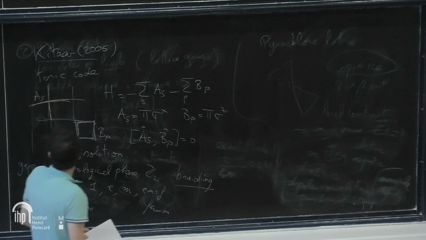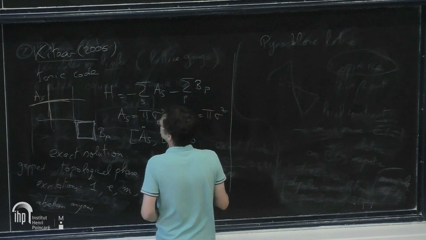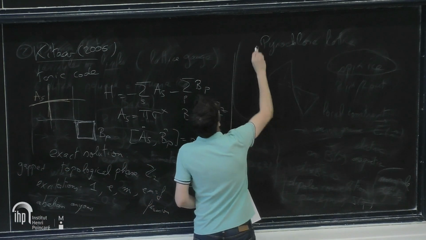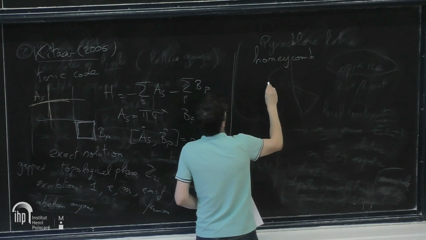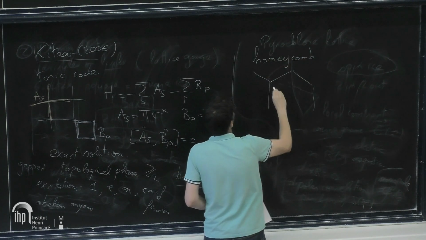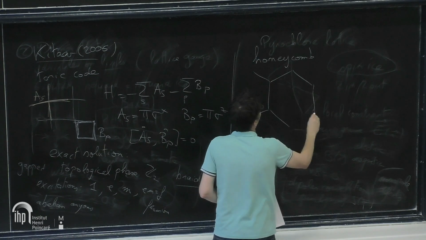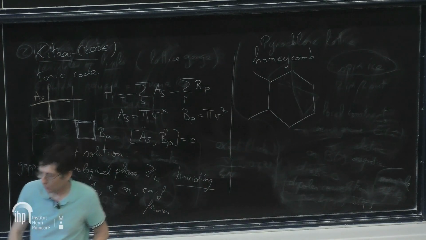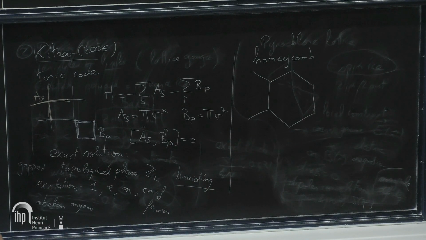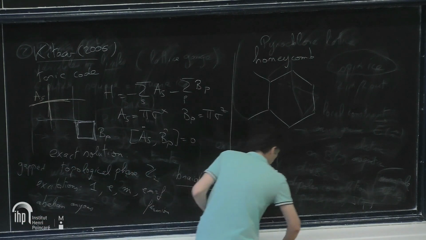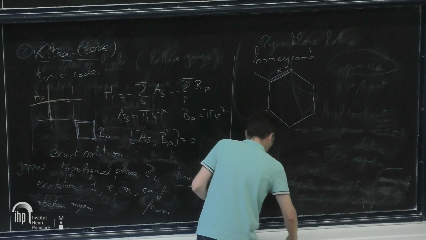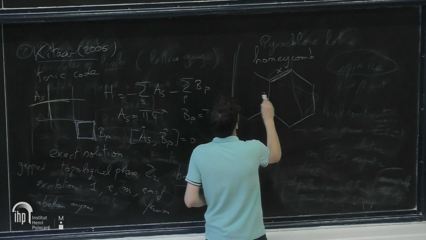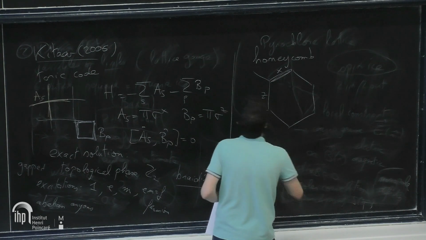Okay, but the other model by Kitaev was done on the honeycomb. But now you need 3 colors. So on the honeycomb, you have 3 types of bonds. So let's say you have the X bond, you have the Z bond, and you have the Y bond.